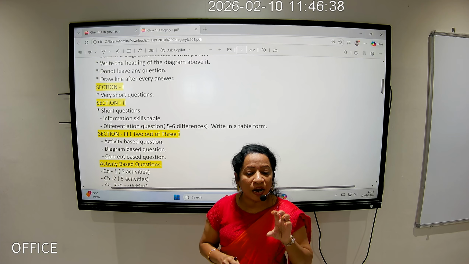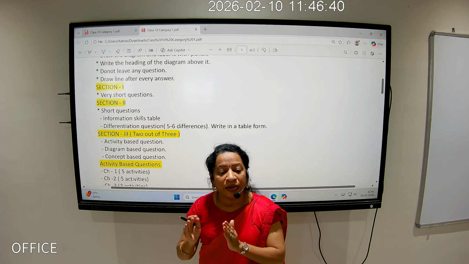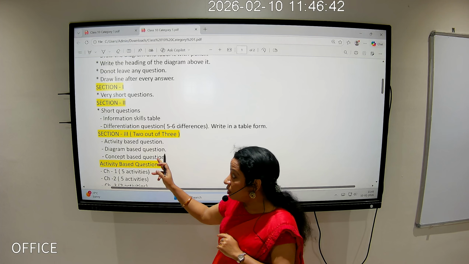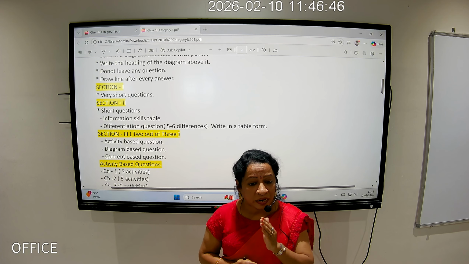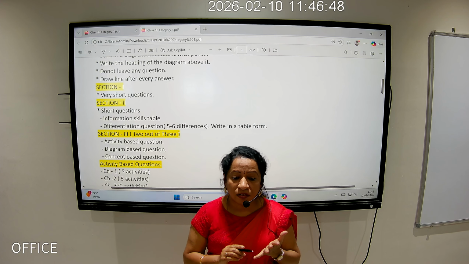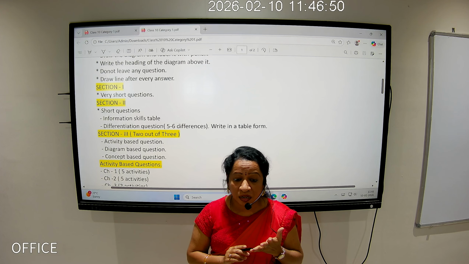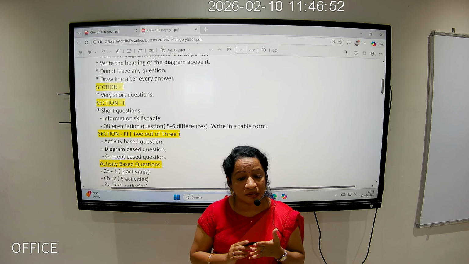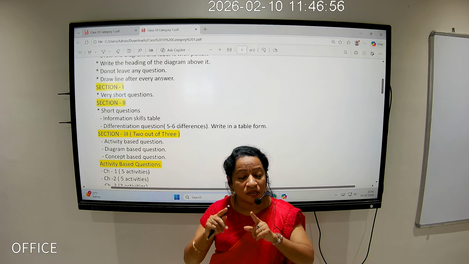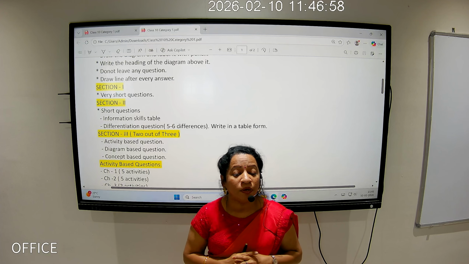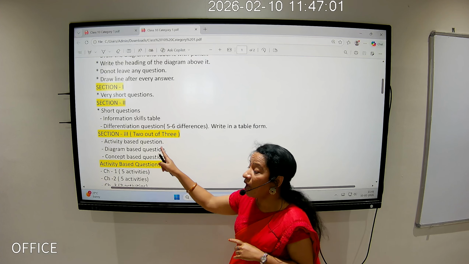From that activity, you will be getting one activity in this section for 6 marks, where you have to write everything starting with aim, materials, precautions, procedure, observation, conclusion. Along with this, a small diagram is also needed for this answer.